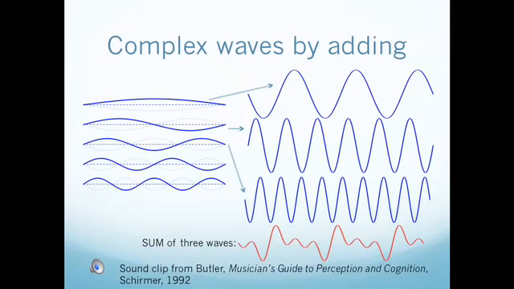However, I can make a complex wave like that by adding them together. So this red wave I have on the bottom, which begins to look like the sound produced by a real instrument, has some overall repetition time, and then it's got a bunch of extra funky wiggles that make it some interesting shape. That wave came just by adding up these 3. And that kind of tells us what's going on inside a real instrument when it's shaking the air.